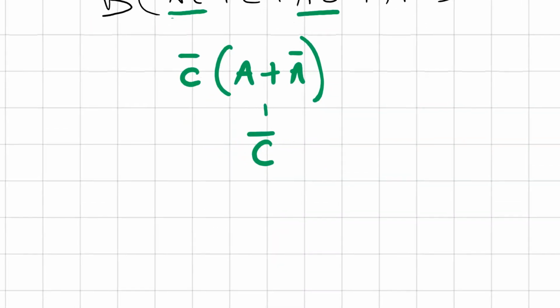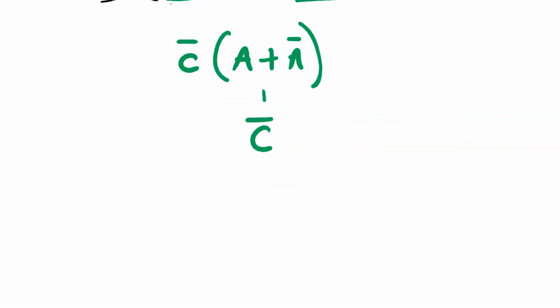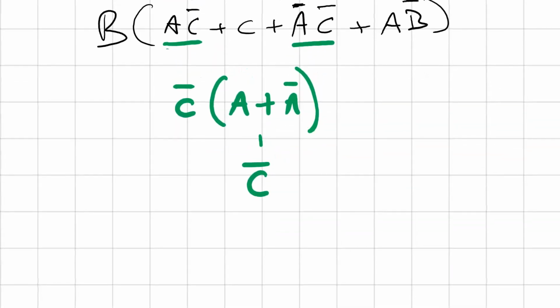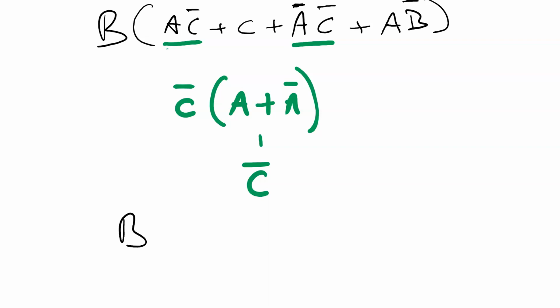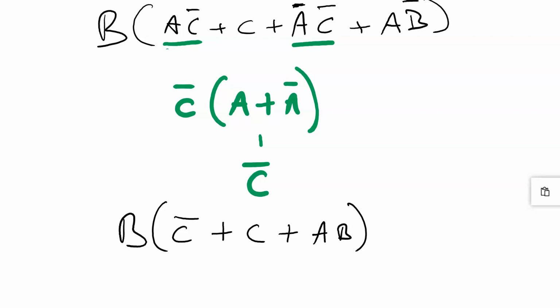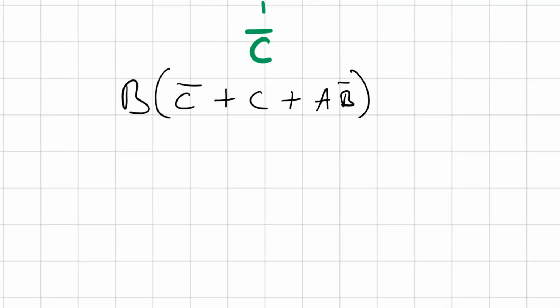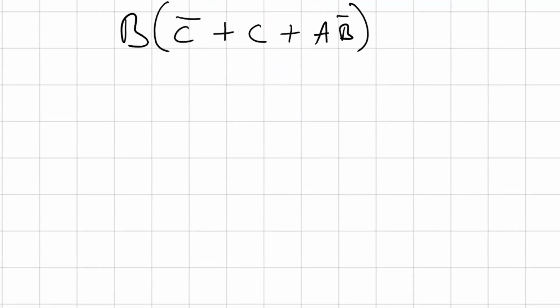So if we put that all together, and I'll try and keep the original one in for the moment, that would be B, and then we would be left with not C, or C, or A, not B. Give me 1 second. That will be not B actually. So I think we're now down to that.